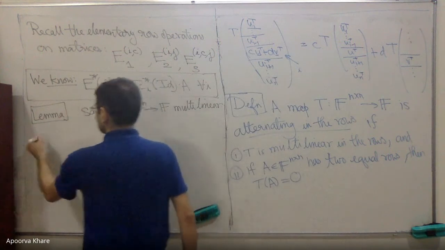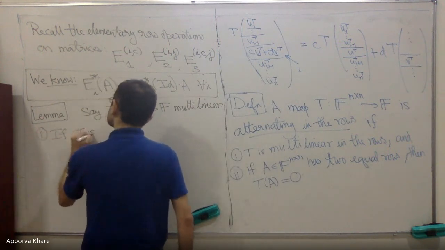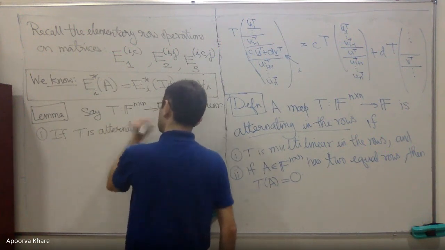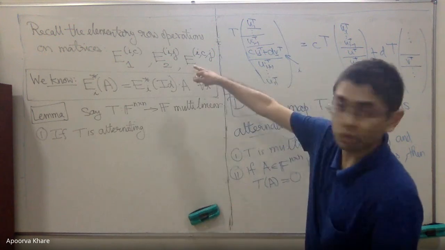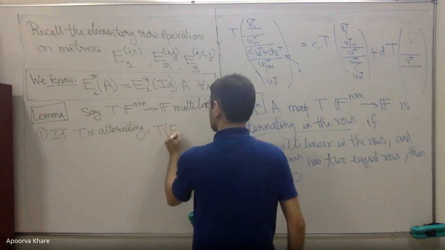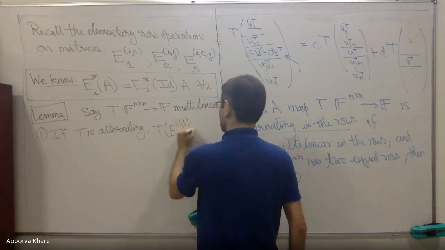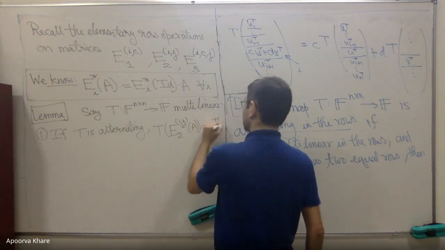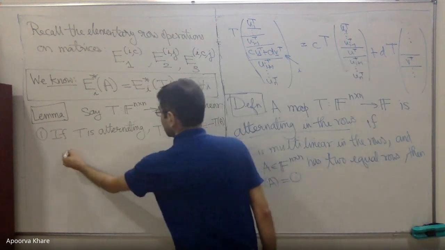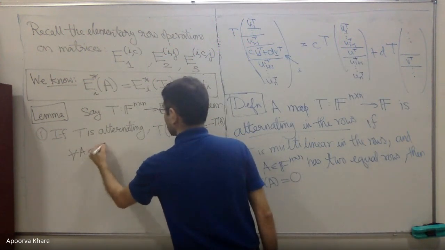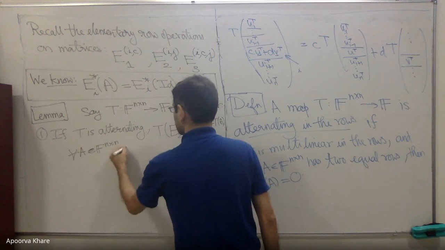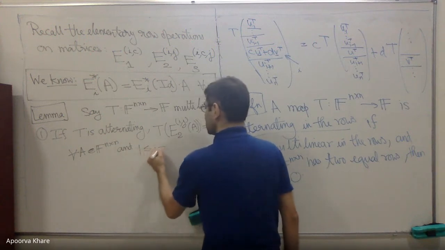Okay. Now, if T is alternating, then if you apply the second row operation, if you swap two rows, then T of E2 i,j of A equals minus T of A. You just get a minus sign, for all A in F to the n cross n and i not equal to j.